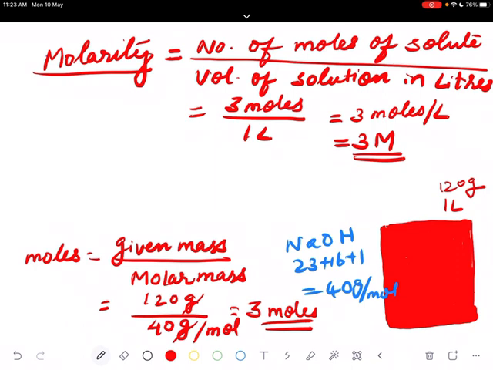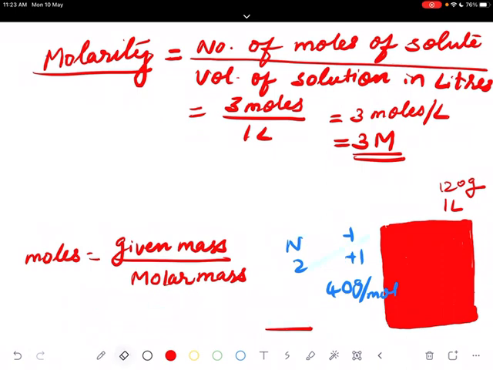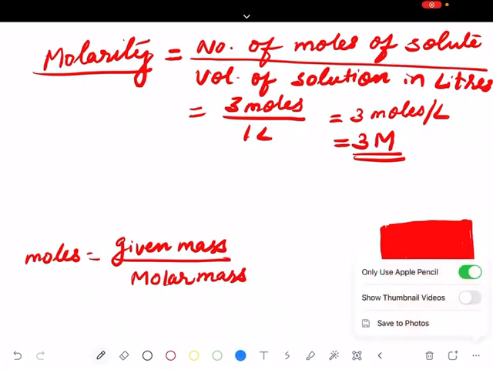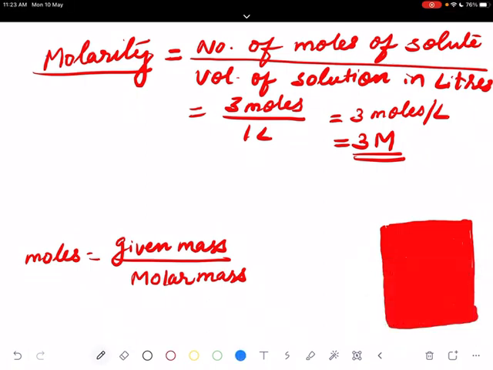Suppose I added 73 grams of HCl in a 2 liter solution. I'm changing into 2 liters.